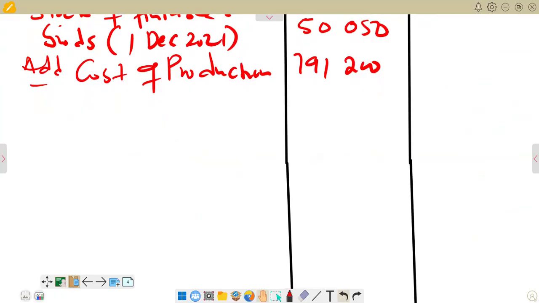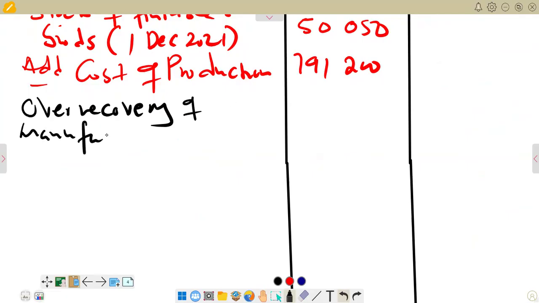This is an over recovery of manufacturing overheads, and the figure is 393,500.